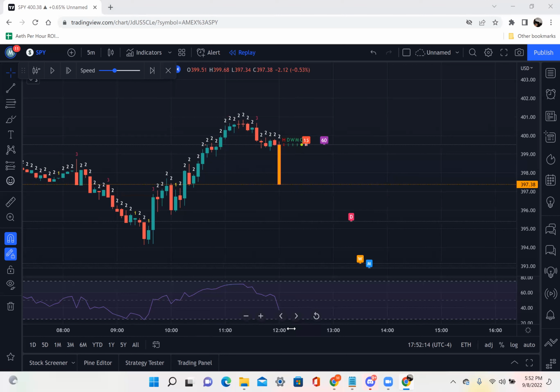Is TradeStation and TradingView the same? I never heard of TradeStation, but no, TradingView and TradeStation has to be completely different. TradingView.com and TradeStation is probably another. I'll look it up in a few, but I'm not sure what TradeStation is. I never used it before. Let me go back to the chat. Hold on, give me a second.